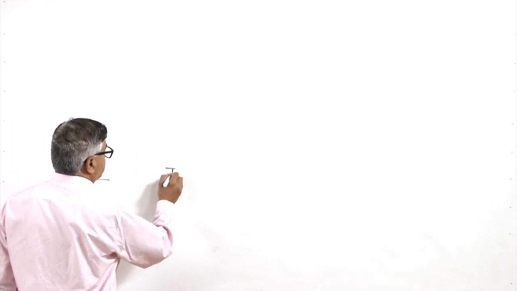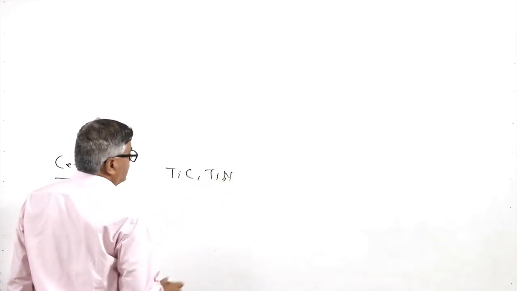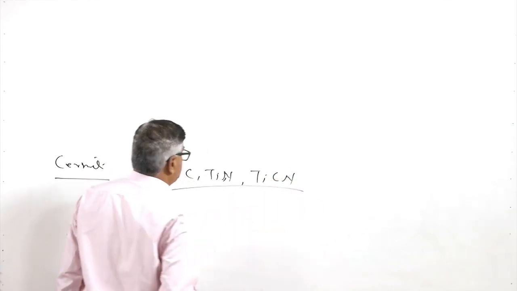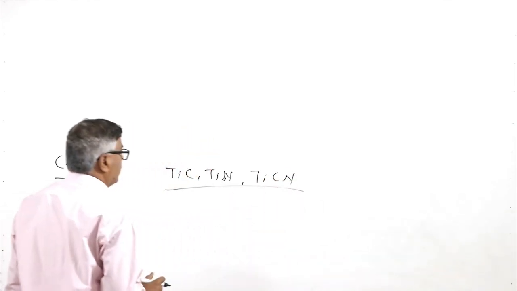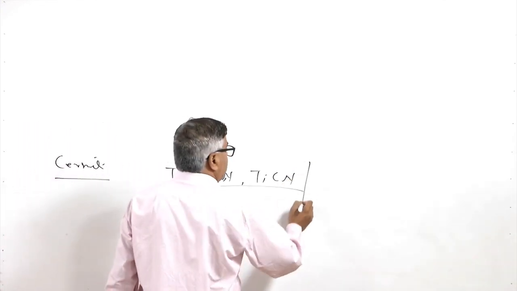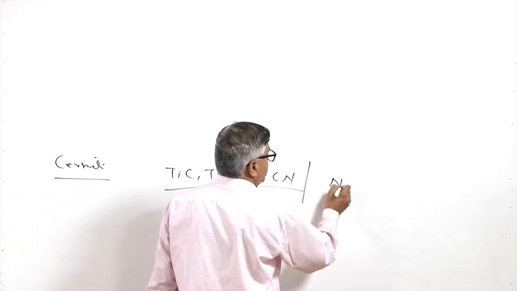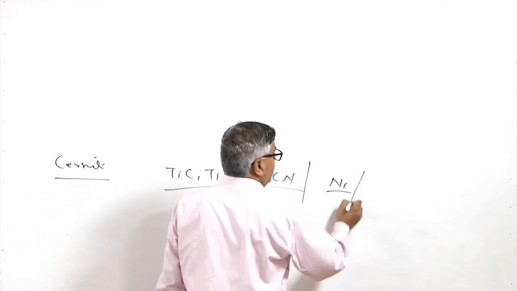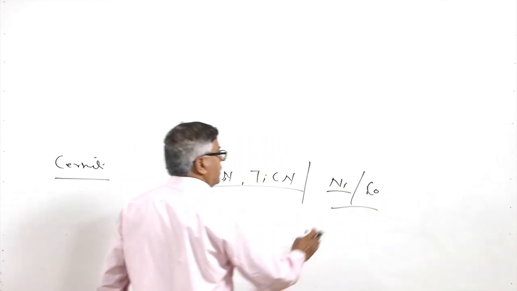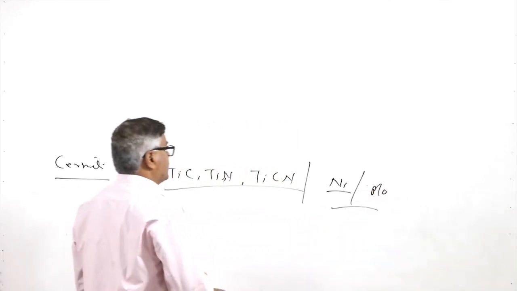For the cermets, basically TiC, TiN, titanium carbide, titanium nitride and titanium carbonitride are the commonly used cermets for making the tool materials. These materials in the powder form are mixed with either cobalt as a matrix, nickel as a matrix, or molybdenum as a matrix.